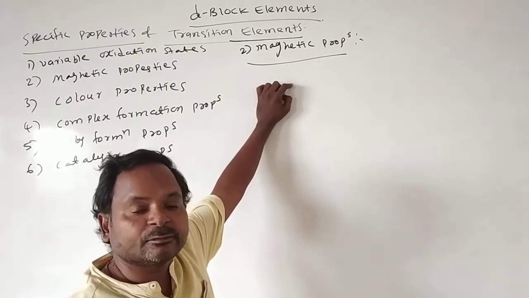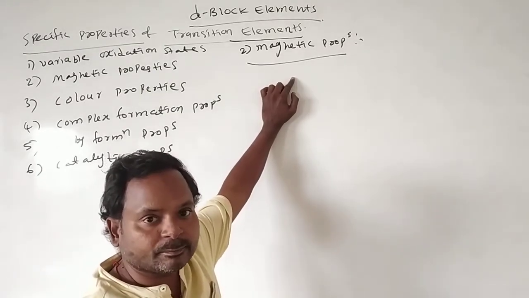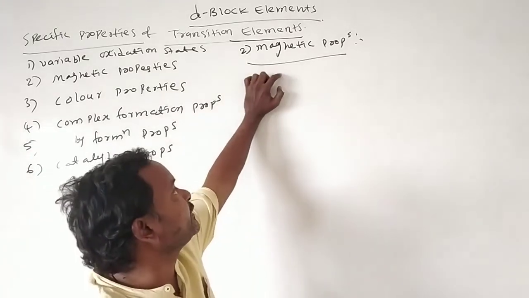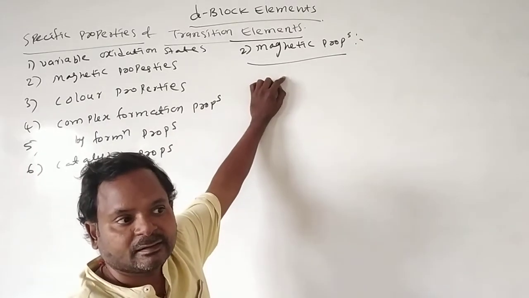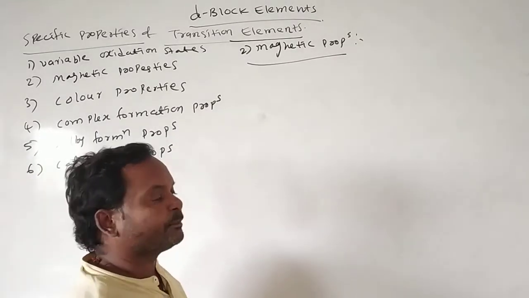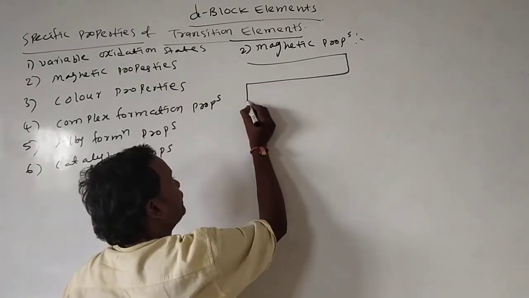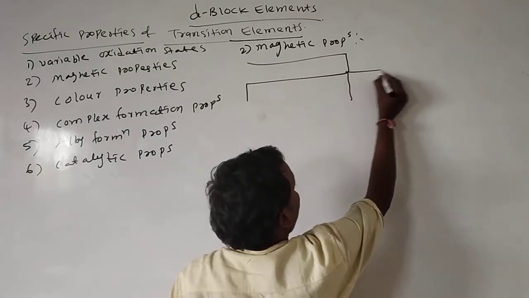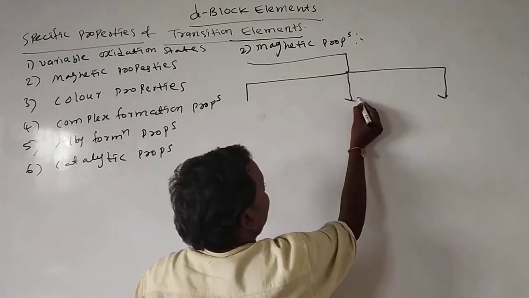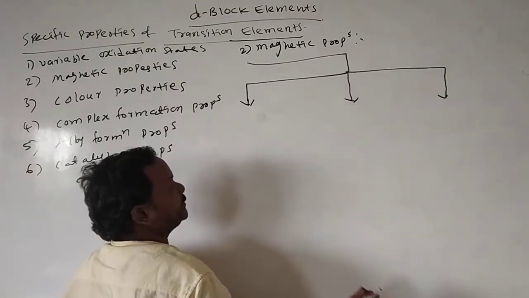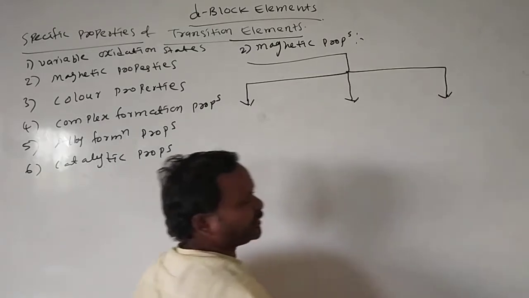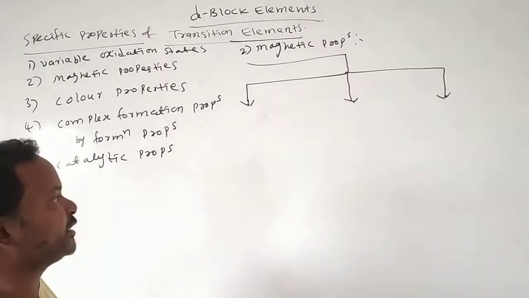The element which exhibits the magnetic property, we call magnetic. Based on the magnetic behavior of atoms, transition elements are classified into three types.